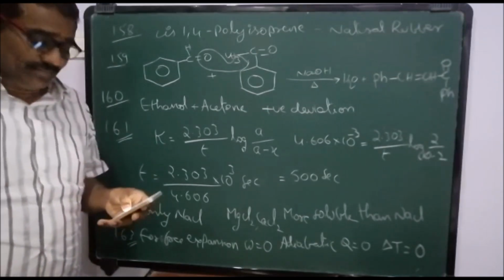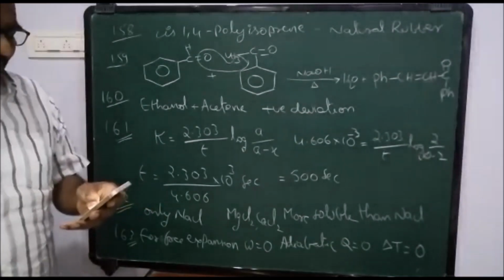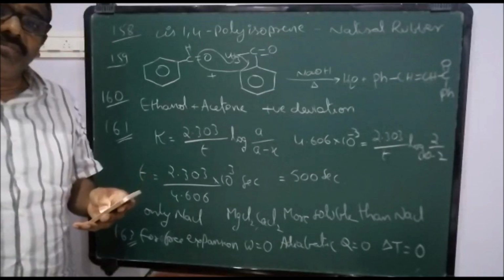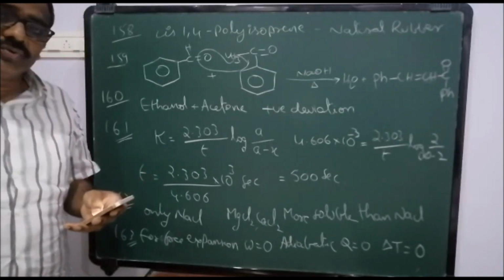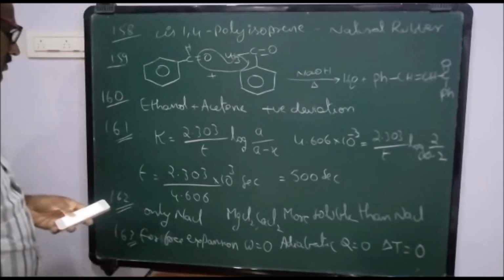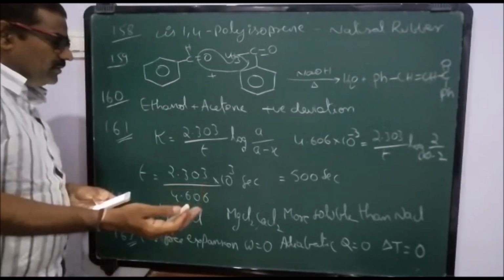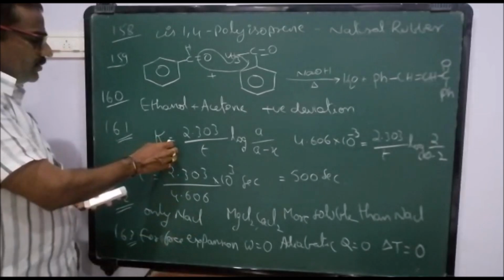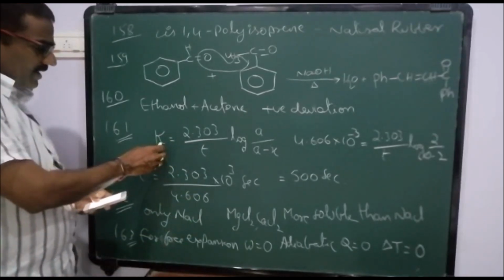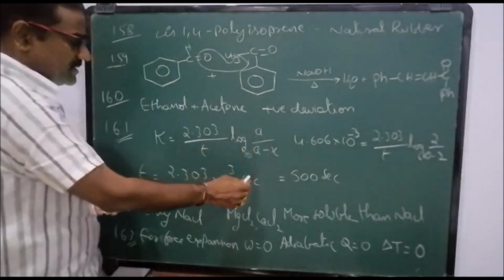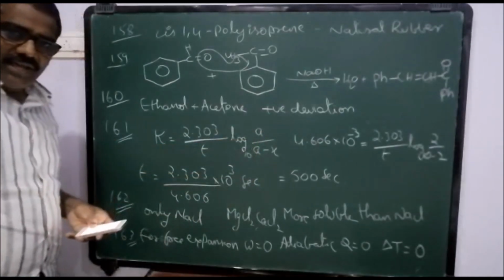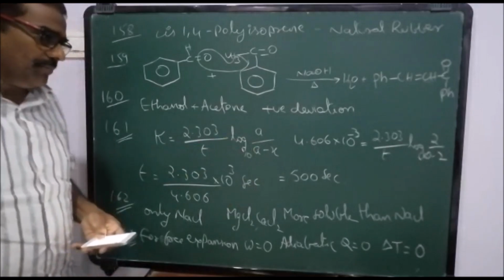Question number 161. The rate constant for a first order reaction is 4.606 into 10 power minus 3 second inverse. The time required to reduce 2 grams of the reactant to 0.2 grams. So here we can use the formula: K, the rate constant of a first order reaction, is equal to 2.303 by t logarithm of a by a minus x. a is the initial concentration, a minus x is the concentration left after time t.